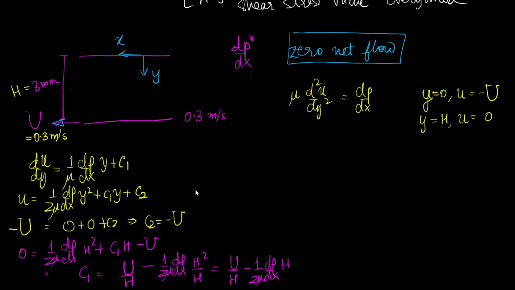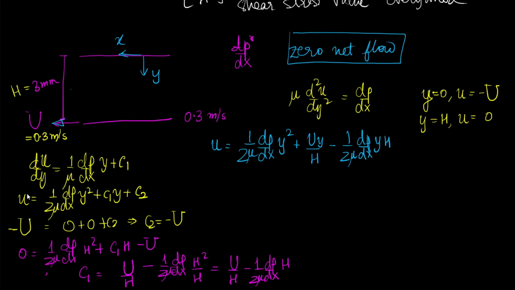Then if we use these two constants in the expression for the velocity, the velocity comes out to be u equal to 1 upon 2 mu dp dx y square plus c1 y. So c1 y will become U y upon h minus 1 upon 2 mu dp dx y h, plus c2.